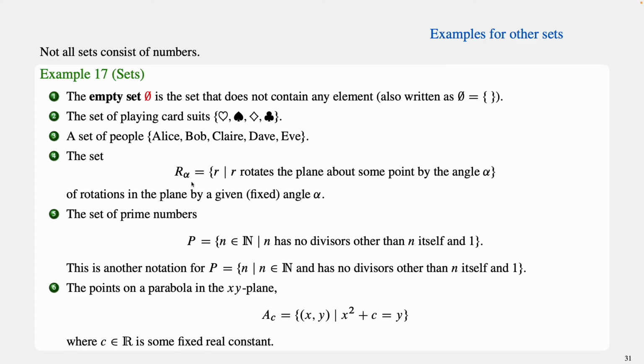Similar to what we had with the rotations, for every number c that we choose, we get a different set. We get a different parabola, so there are different points on different parabolas. For every c we get a different set, because the equation that has to be satisfied by the points in this set changes if we change c.